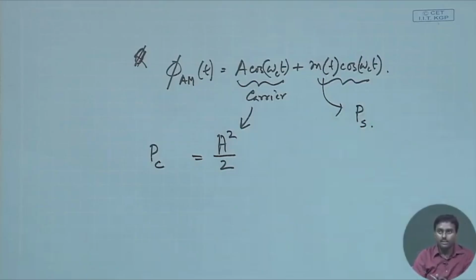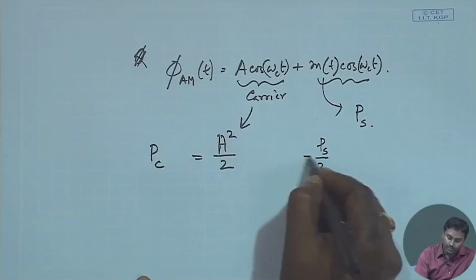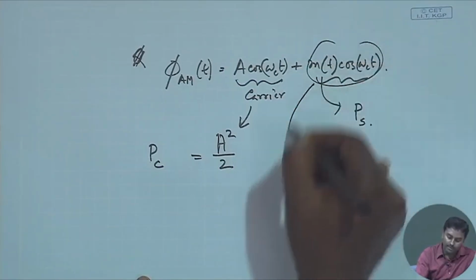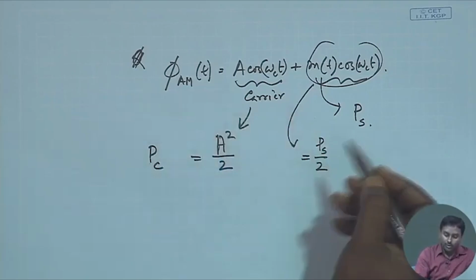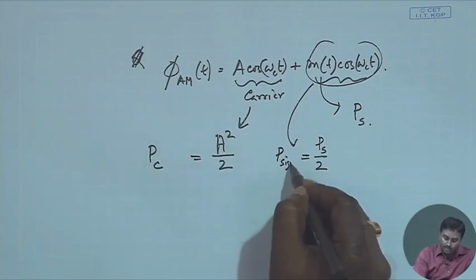The message signal has a power of P_S. Now, if I multiply with cos ωct, we know that the power becomes half. We have already discussed that in the previous class. So, this must be P_S by 2, that is the power of this part. So, I call this P signal.